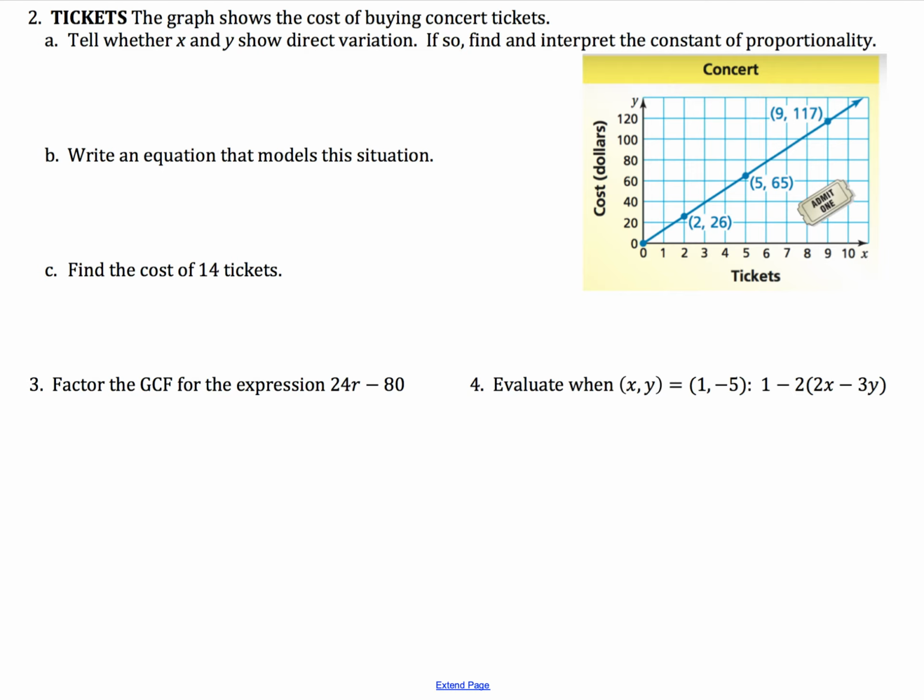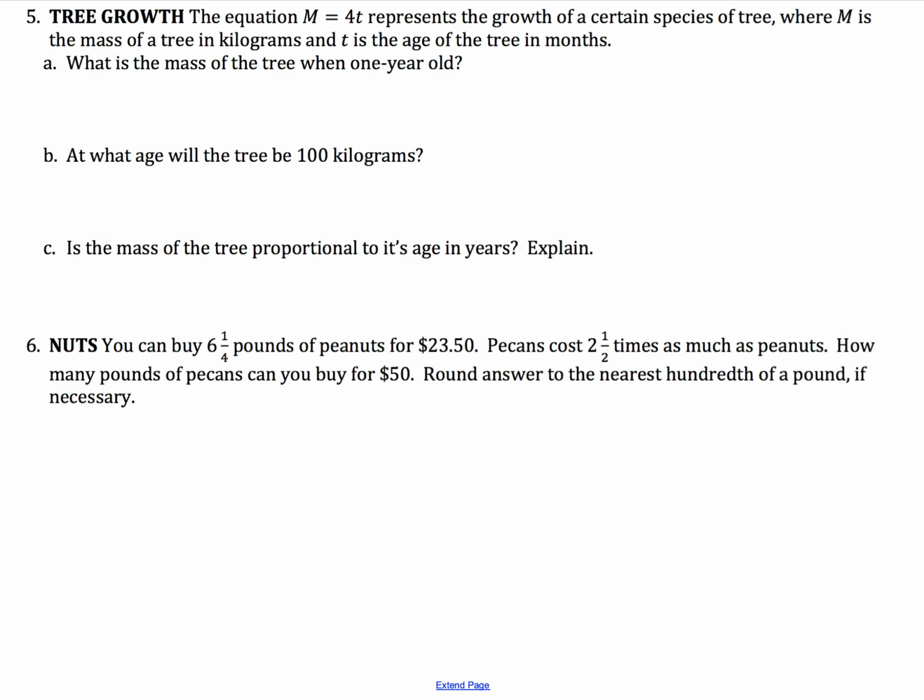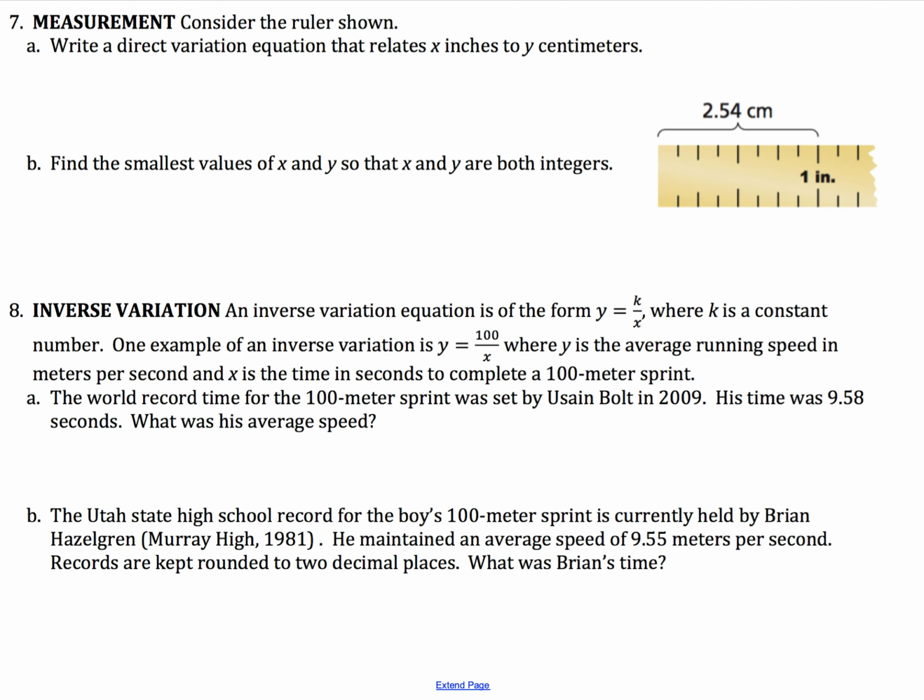Number 4 is substitution. You're going to plug in x is 1, y is -5, and simplify. Number 5 gives you a direct variation equation, m equals 4t, and asks some questions about it. Remember that m represents the mass of the tree in kilograms and t represents the age in months. And number 6 is a unit rate problem dealing with buying pecans and peanuts.